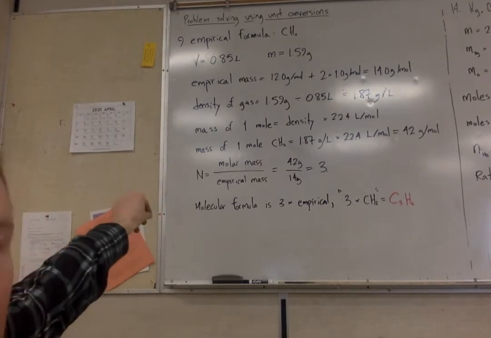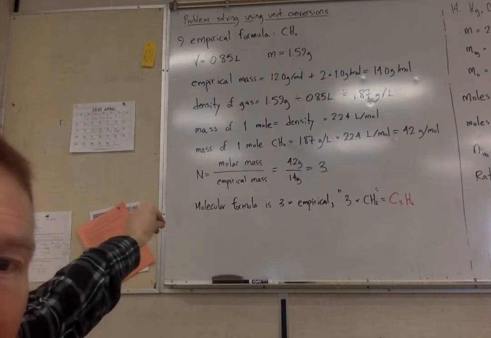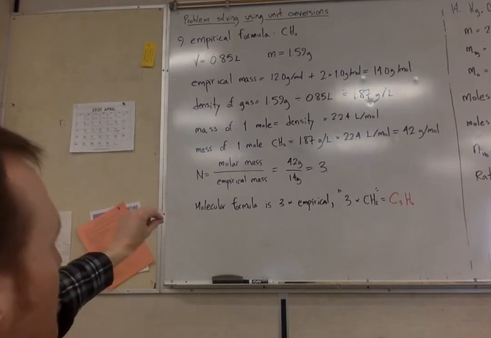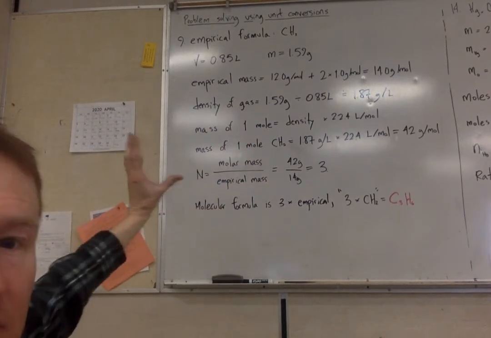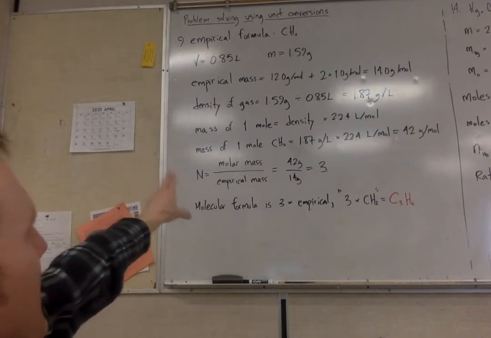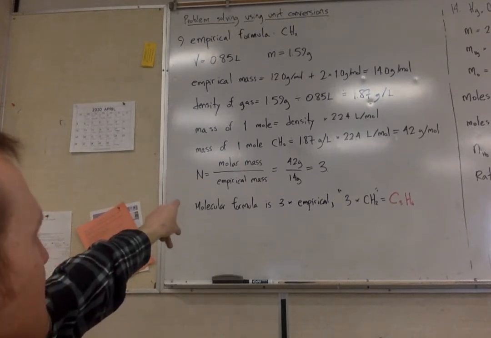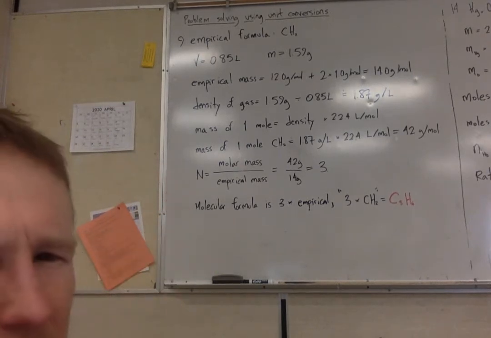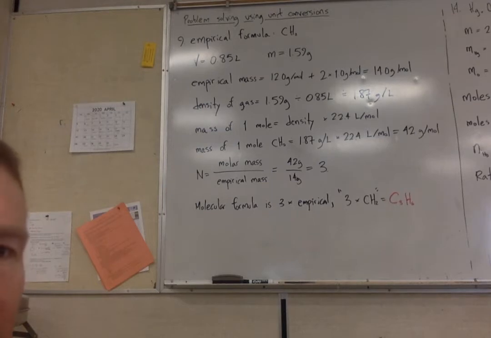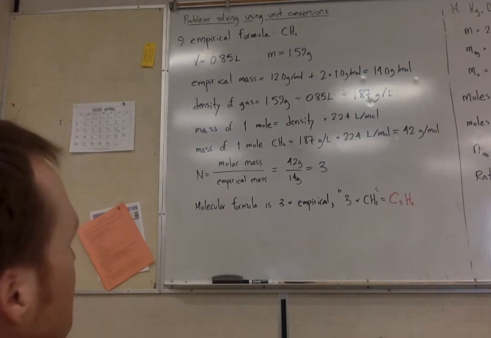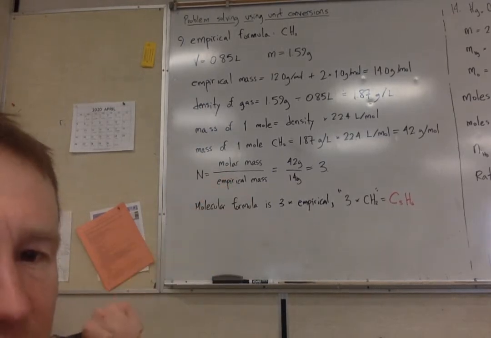Now, we are able to calculate that multiplier, that capital N value. We have the empirical mass, and we have the molar mass. Look at that. Here it comes. N is the molar mass divided by the empirical mass. You might have noticed that sometimes I use M mole and M emp to show molar mass and empirical mass. 42 over 14 is 3.